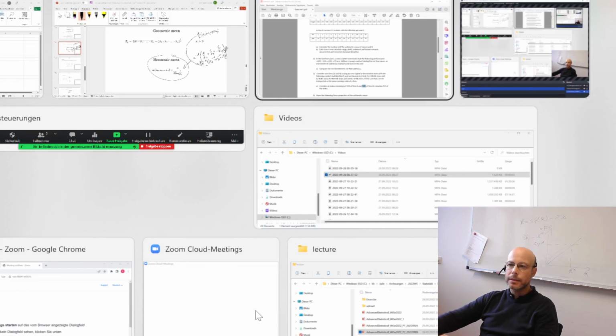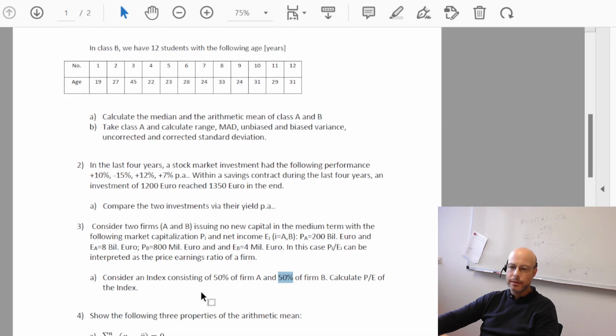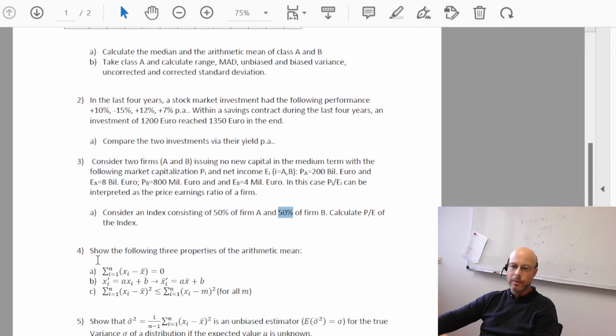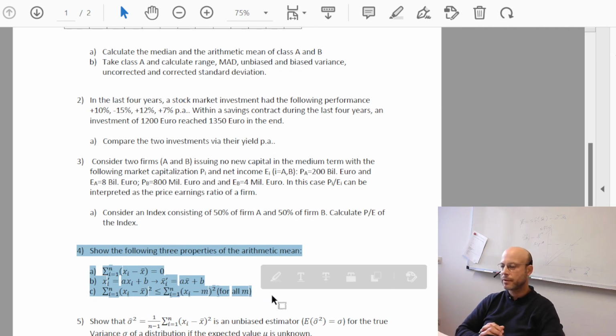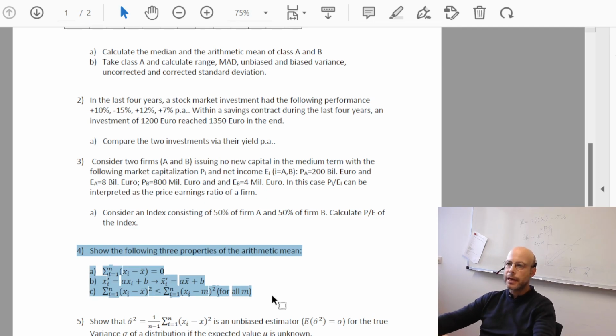Okay, then let's see what else. After this, we would come to some abstract properties of our arithmetic mean, but since we are running out of time, I think we do this on Monday. If not everybody can enter class on Monday, of course I will record these solutions of the exercises too.